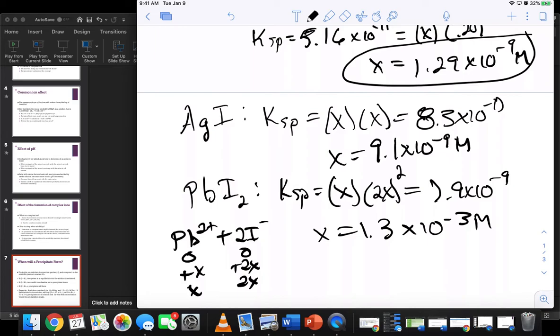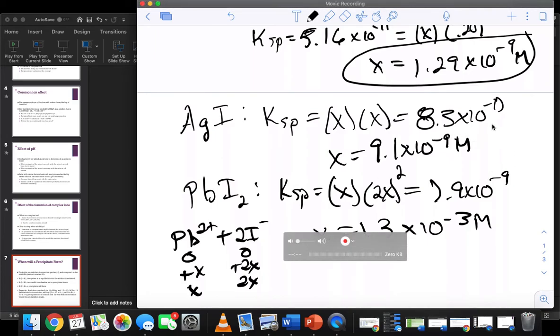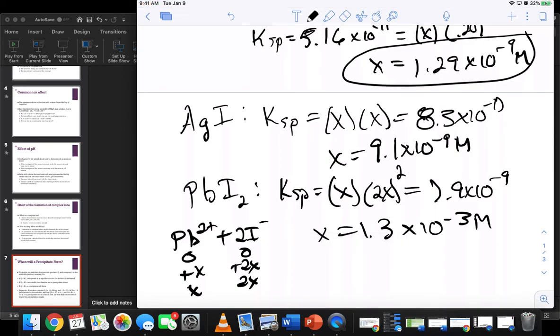So in this case, the KSP values themselves are different enough that we could pretty much tell that the silver iodide has the much smaller molar solubility by just looking at the KSPs. But in general, looking at just the KSP only really works if the two compounds you're comparing break into the same number of ions, right?